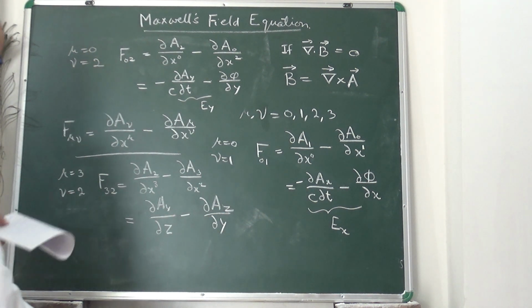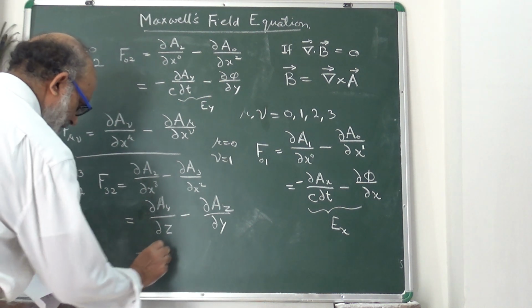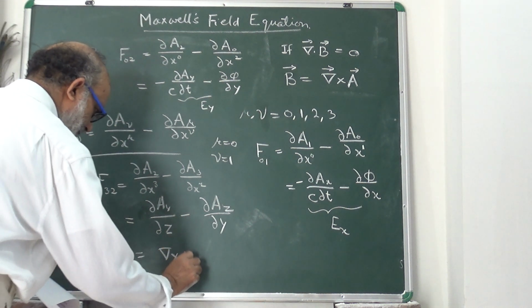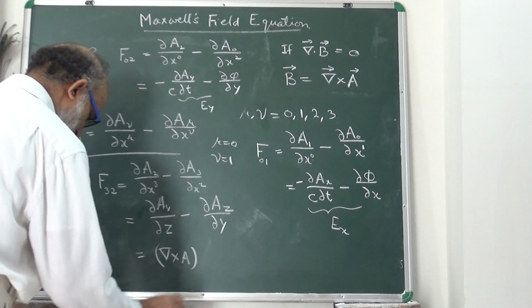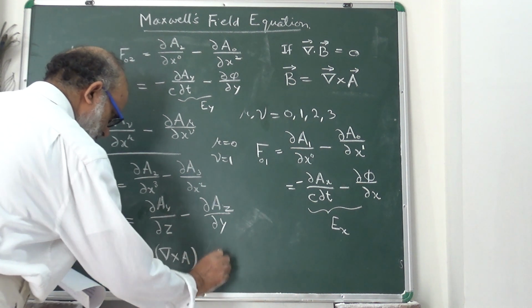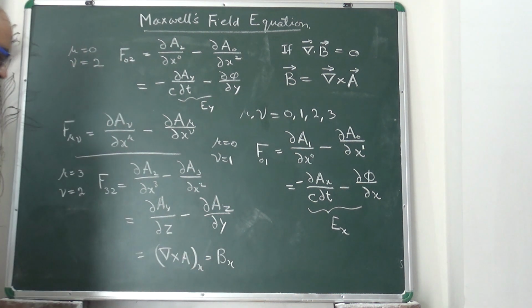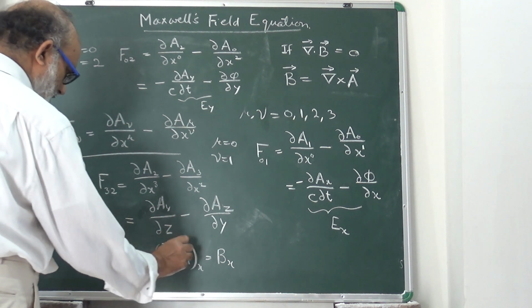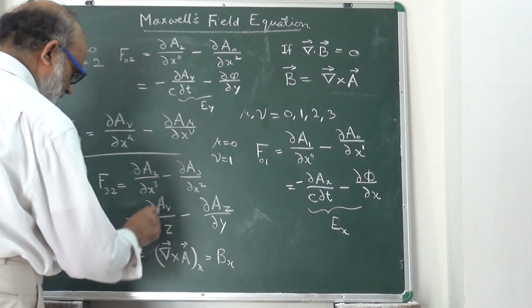So it is the x component. If you take the curl of vector A, its x component will give you this.